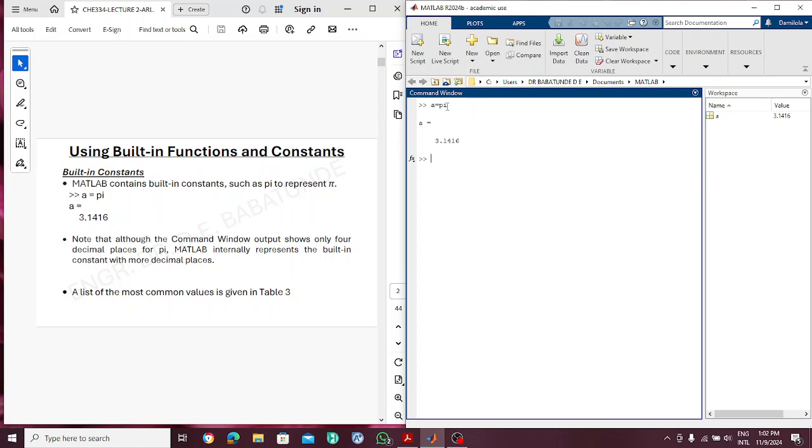However, computationally, MATLAB stores variables in double precision, which means about 15 digits. A variable can have about 15 digits, even though by default it's going to show 4 decimal places.